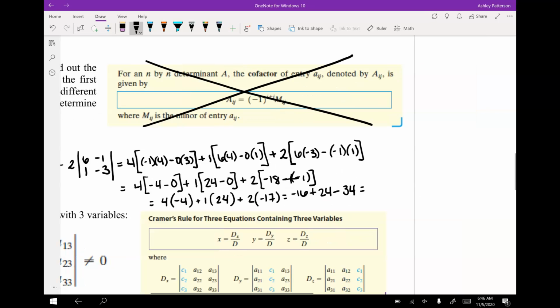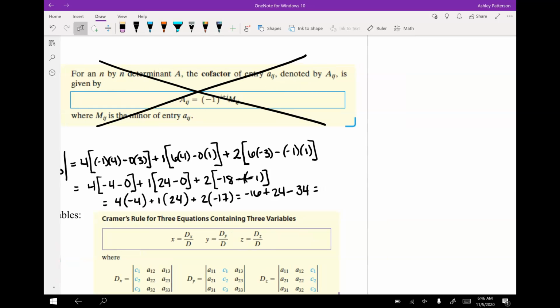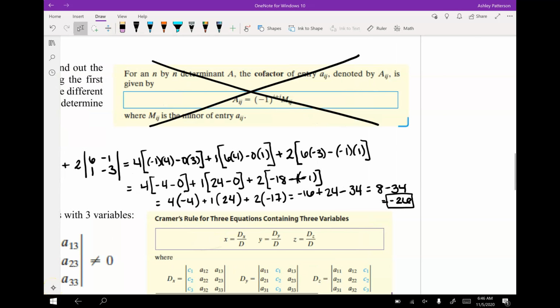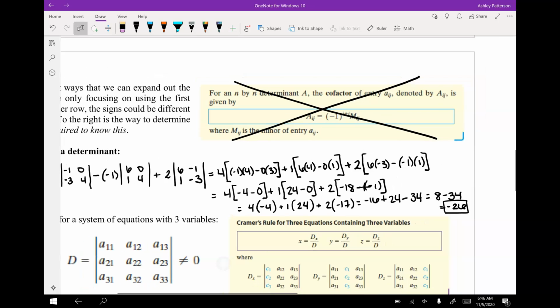Whew, we are almost there. Aren't these a doozy? -16 plus 24 gives us 8 minus 34. So the determinant, ladies and gentlemen, of this 3 by 3 matrix is going to be -26.